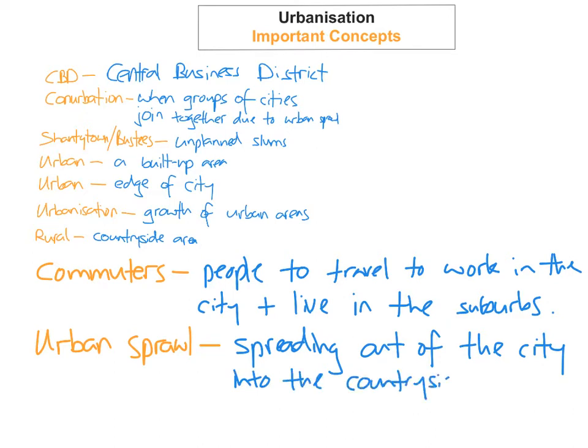An example of this in Dublin would be how Lucan used to be countryside, and because of urban sprawl it's now very much a built up area. What's been taken over in the last few years is places like Adamstown. And in the future we might see places like Racool being taken over because of urban sprawl.